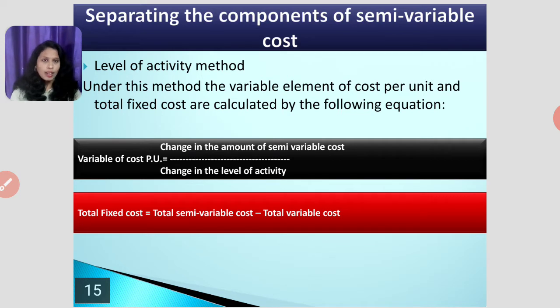Under this content we have to separate the variable cost and fixed cost. We are given the total cost and we have to separate it. How to separate the components of semi-variable cost we are studying here.